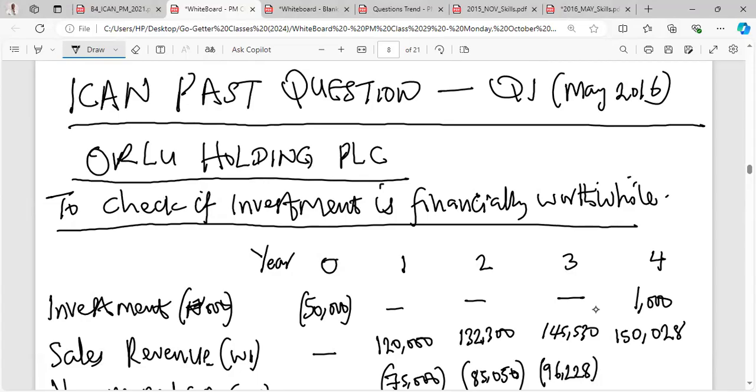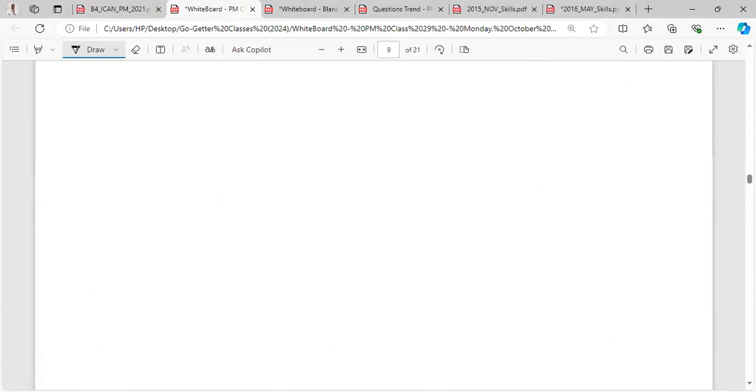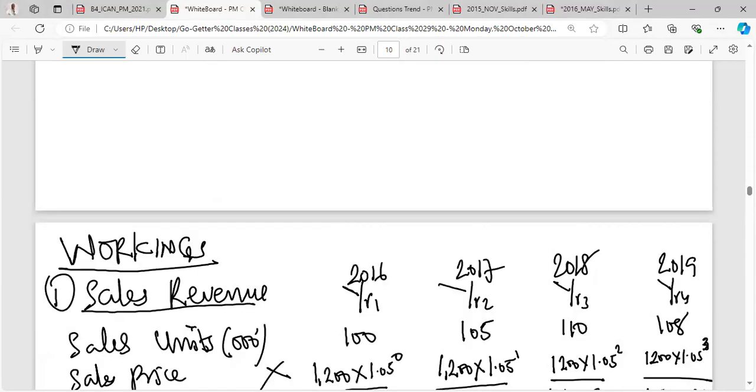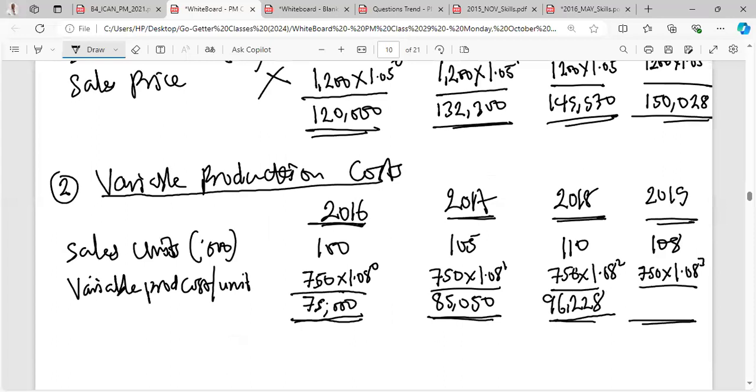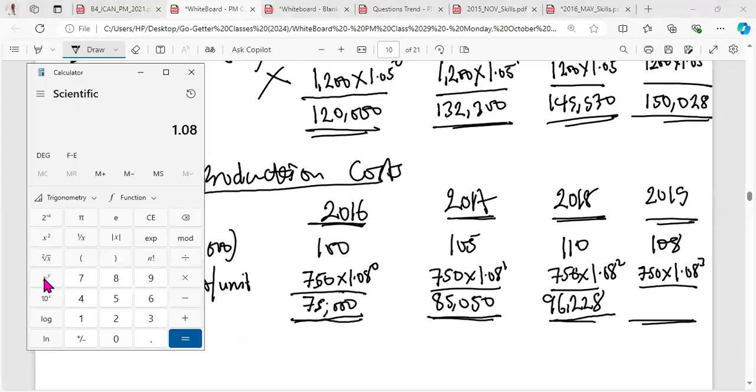All right, so I will go to the last one now. The last one is going to be 1.08 raised to power 3 multiplied by 750 multiplied by 108. That gives me 102,037.